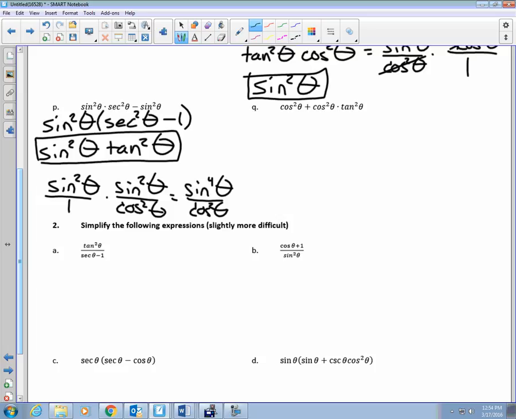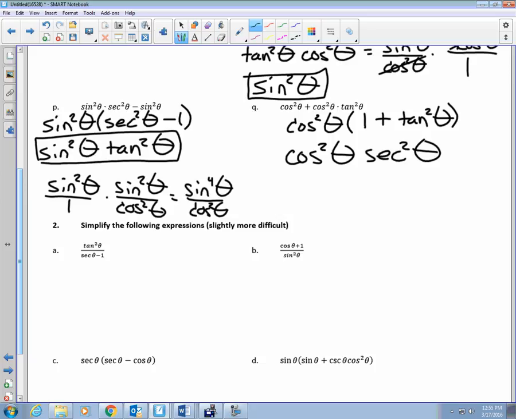All right, last one. What do I factor out? What do you have left? What's 1 plus tangent squared? What is the relationship between cosine and secant?